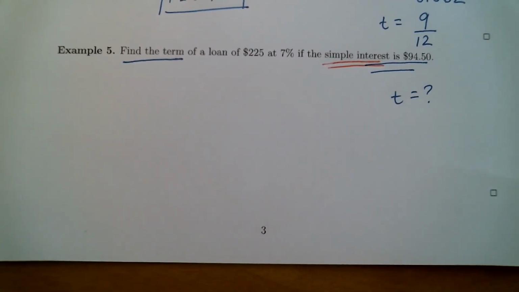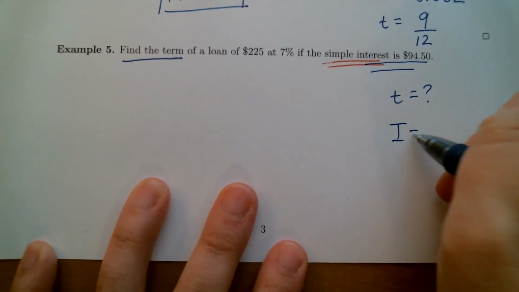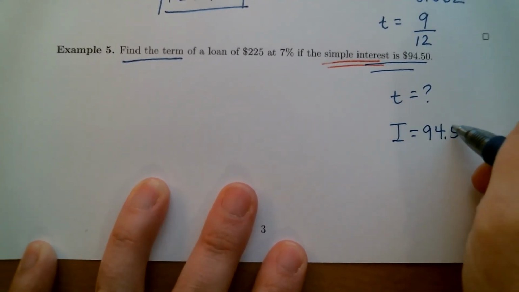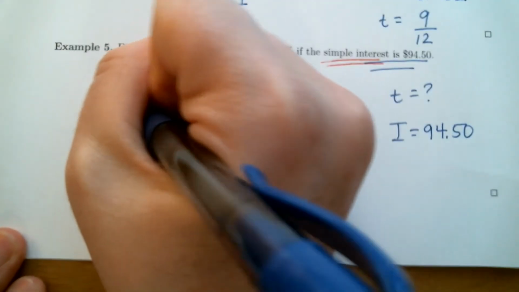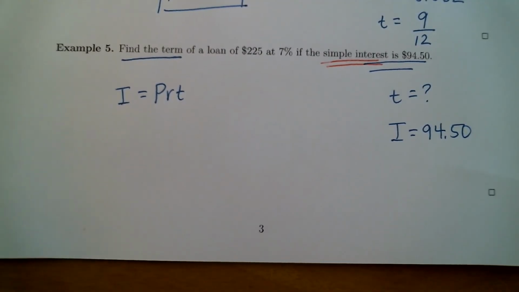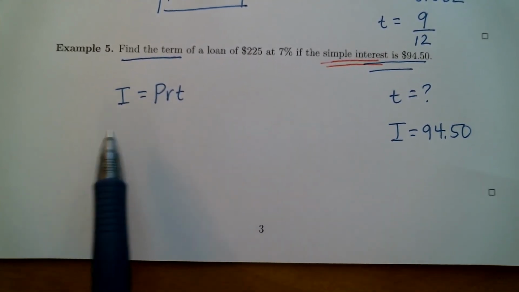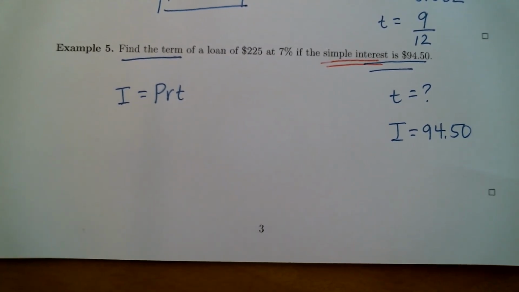So you're given information about the interest, and your best bet, this is why we're using I equals PRT, is that we're given information about the interest. So again, we're looking for time.